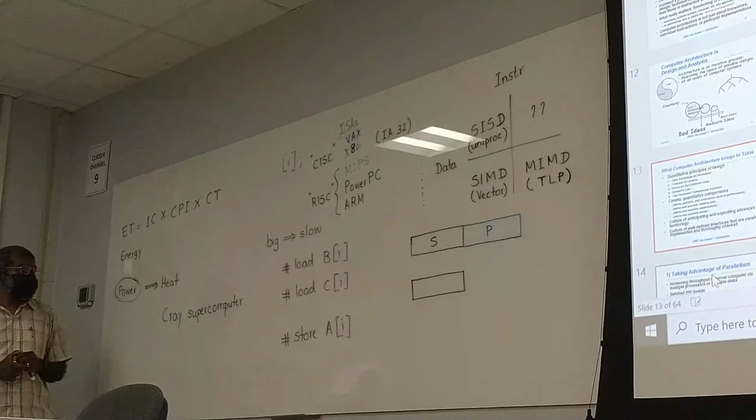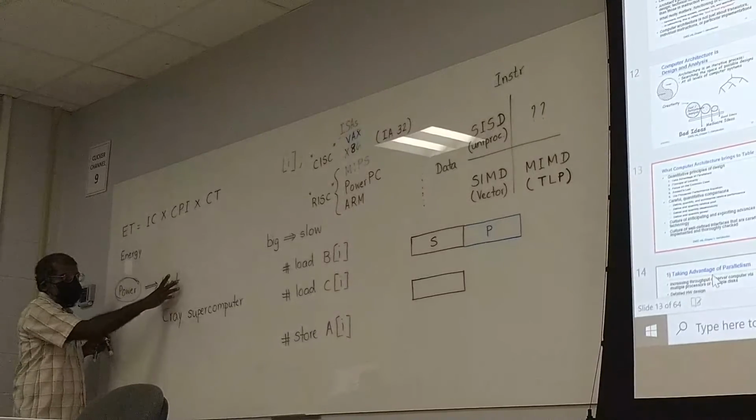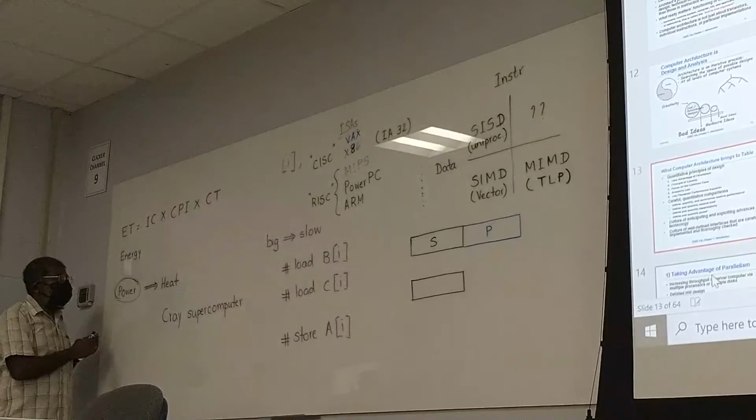Otherwise, it's not going to work. So if you have that kind of cooling technology, that means it's going to be very expensive.